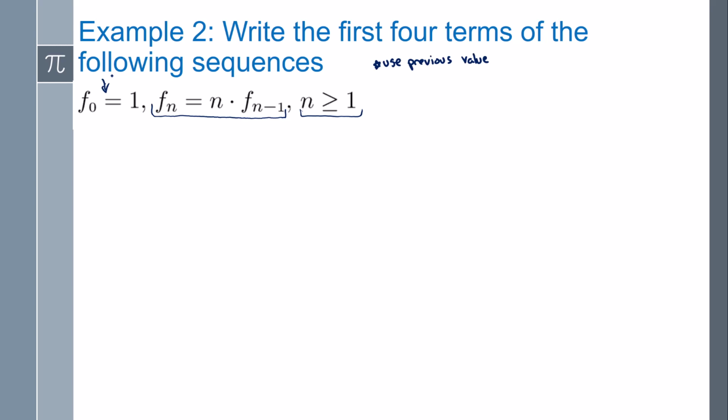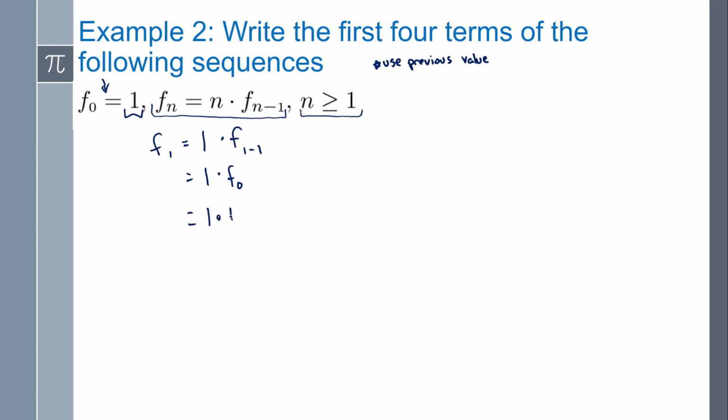Well, why am I going to need that? Okay, well, let's plug in 1. So if I plug in 1, my first term is 1 times f of 1 minus 1. Well, this is f of 0. Oh, I have to use my previous term. F of 0 is 1. So that's going to be 1 times 1.